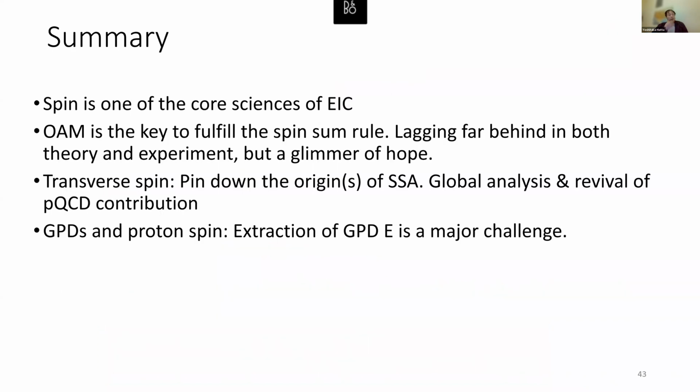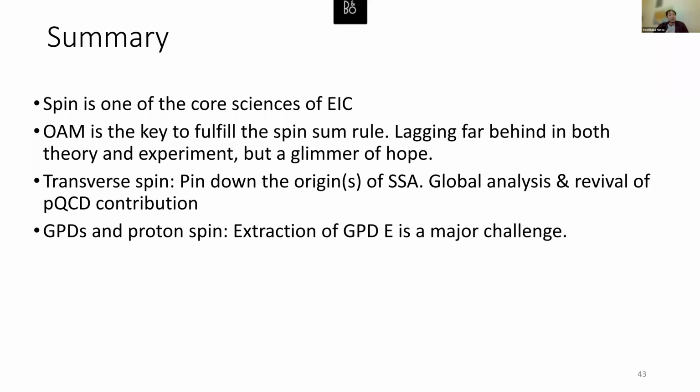So that brings me to the summary. So spin is one of the core sciences of the EIC, and I talked about the Jaffe-Manohar sum rule. In that, the orbital angular momentum is the key to fulfill the spin sum rule, and the progress is so far quite limited, but there is a glimmer of hope.